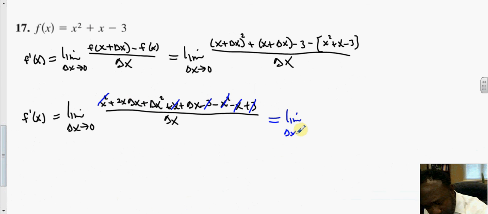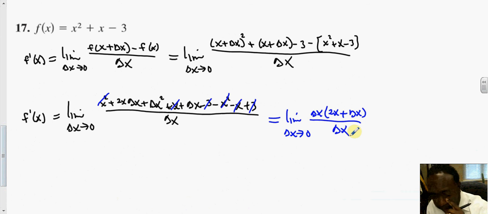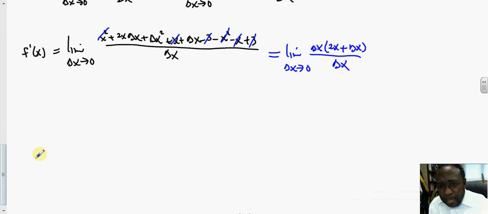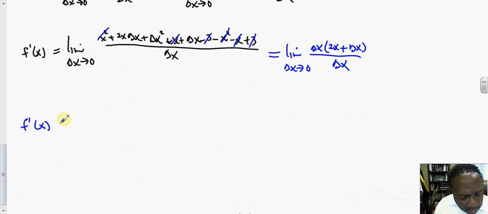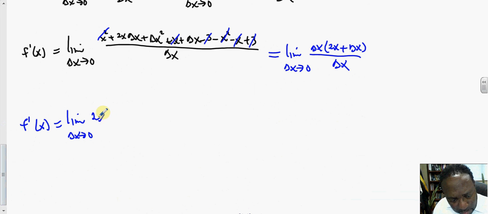This is the limit as delta x goes to 0 of delta x times (2x plus delta x) all over delta x. Delta x's cancel out, and so we have left f prime of x is equal to the limit as delta x goes to 0 of 2x plus delta x.